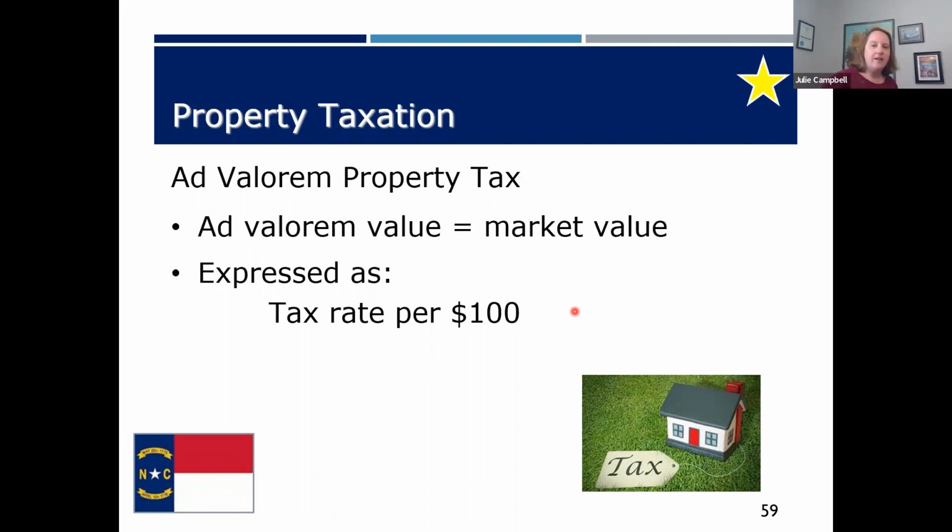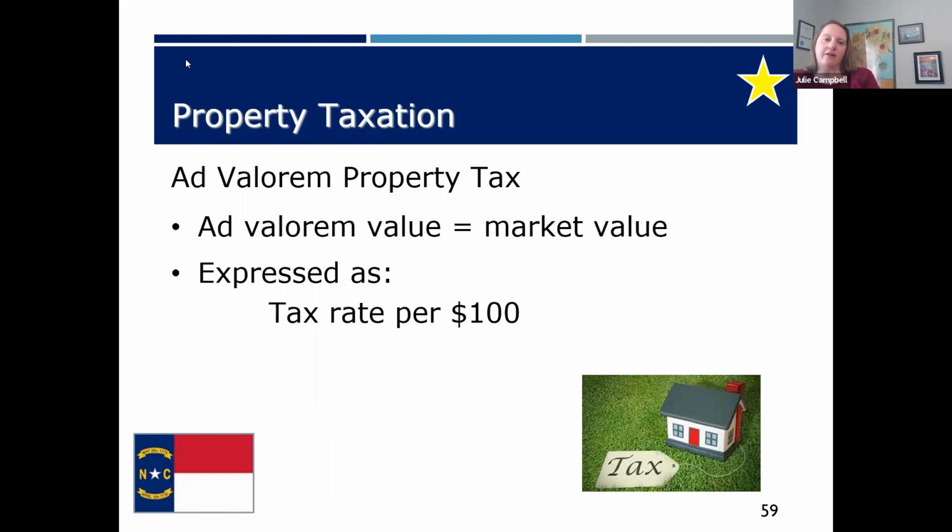And in North Carolina, we do something called ad valorem value. Ad valorem bases the property taxes on the market value of the property. Ad valorem is of market value.